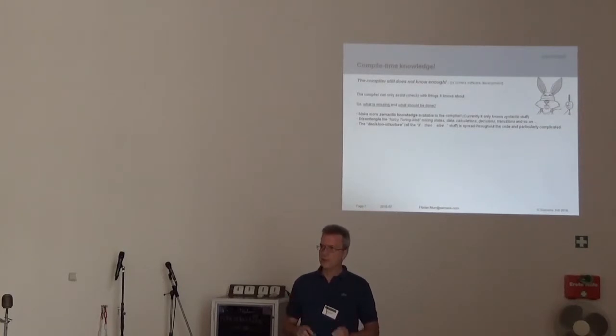The decision structure, that is all the if then else stuff. It is spread out through your code, and it is particularly complicated. If you're thinking about all what you can somehow think is if then else, and all that in your program, it is a very complicated structure.